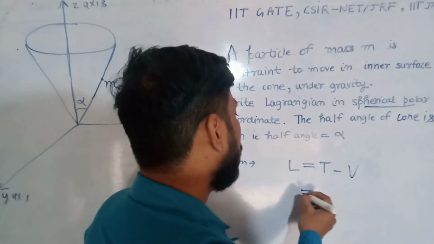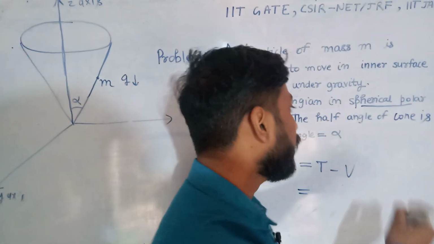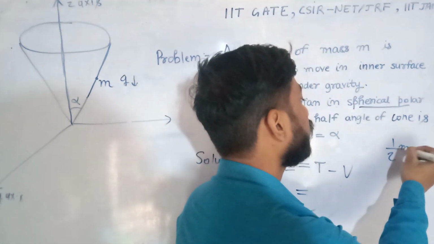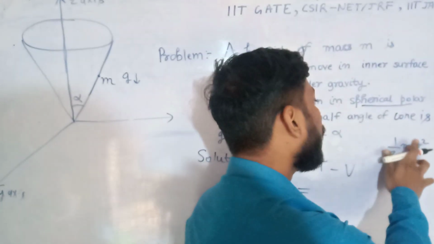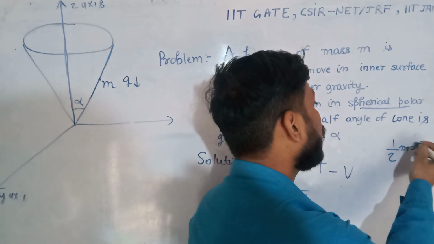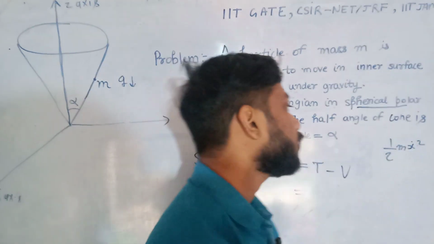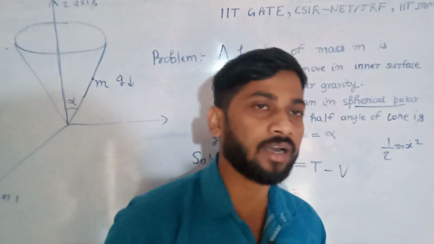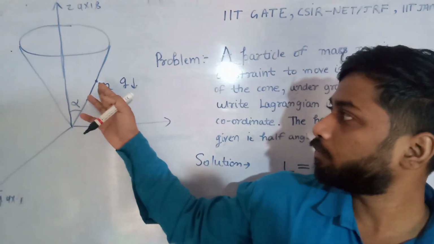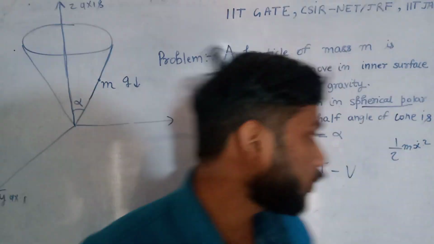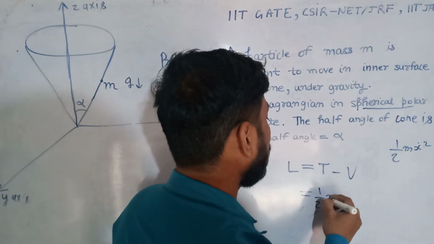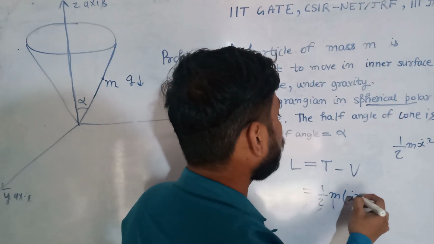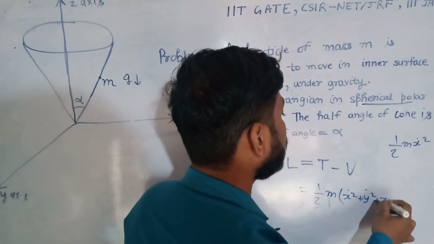So what is kinetic energy? Generally you all know it is 1/2 m v squared. I can write x dot instead of v in one dimension. Similarly, in three dimensions I can write the kinetic energy of this particle as 1/2 m (x dot squared plus y dot squared plus z dot squared).